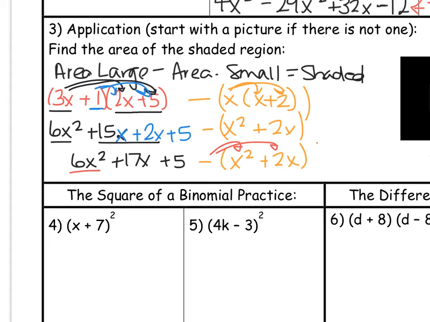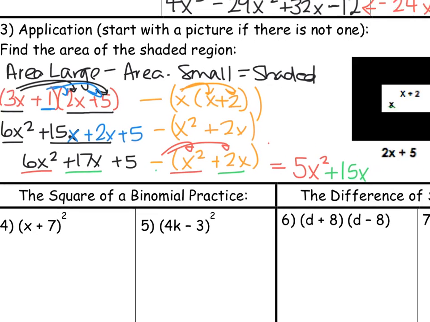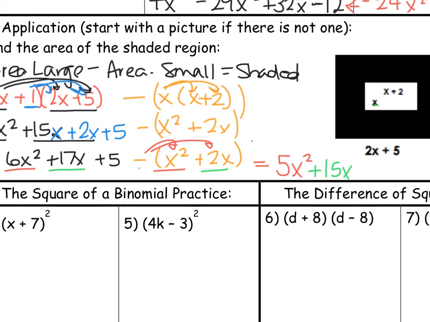So 6x squared minus x squared is going to give us 5x squared. And 17x minus 2x is going to give us a positive 15x. And then that plus 5 we can just write over here. So this is the area of the shaded region. That's what we were trying to find.